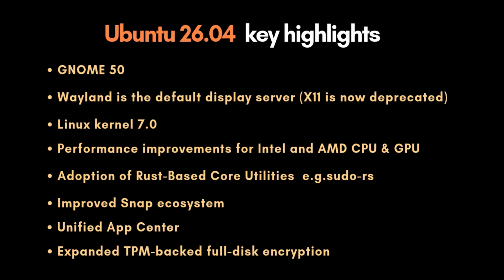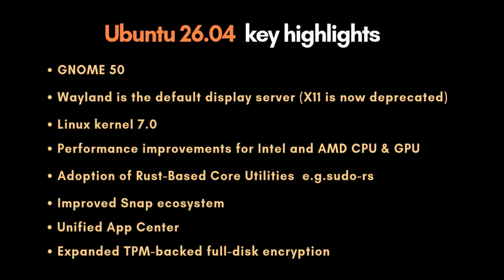You also get performance improvements for Intel and AMD CPU. You also get adoption for Rust-based core utilities such as sudo rs. You also get improved Snap ecosystem, a unified App Center, and expanded TPM-backed full disk encryption. So those are just some of the key highlights.